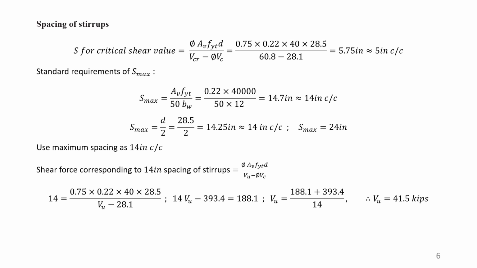This is an arithmetic calculation you can follow. Cross multiplying, 14 into Vu minus 28.1 into 14 gives 393.4, and the value is 188.1, and that divided by 14 gives 41.5. That means where the shear value in this beam is 41.5, we can provide a stirrup spacing of 14 inch.